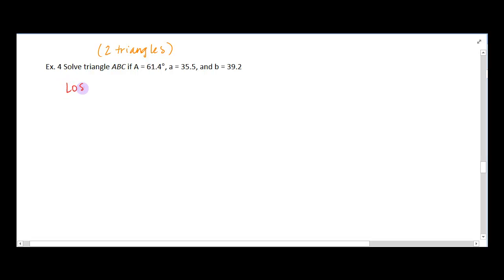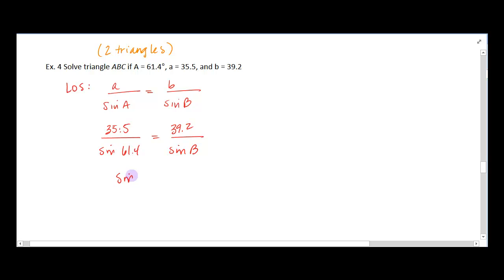In other words, I know the ratio of the A's, so I have side A over sine A equal to side B over sine B. And when I fill in this information, 35.5 divided by the sine of 61.4 equals side B, which is 39.2 divided by the sine of B. So it's sine B that I'm solving for.